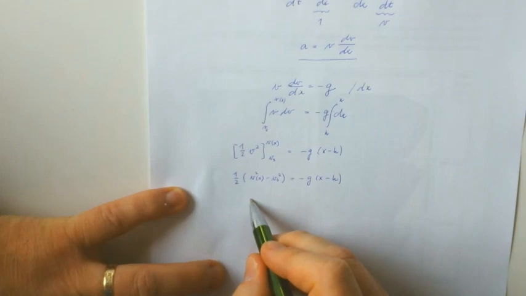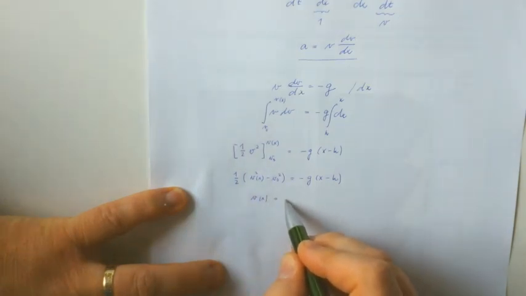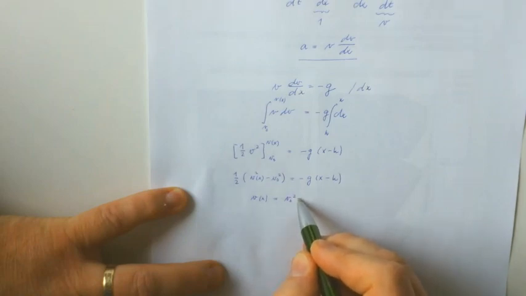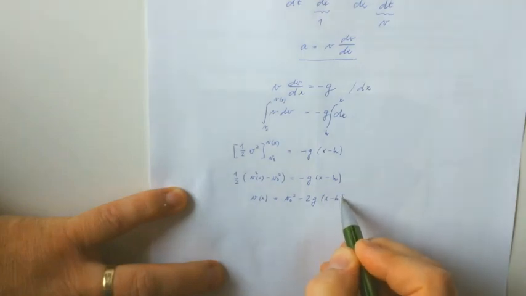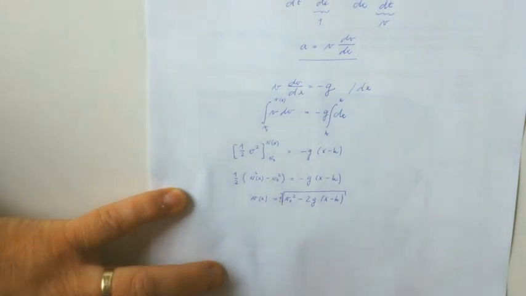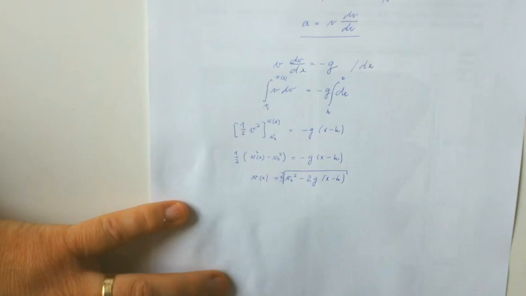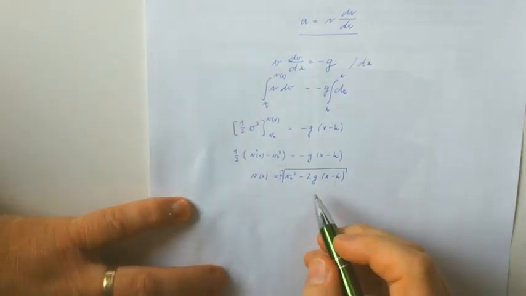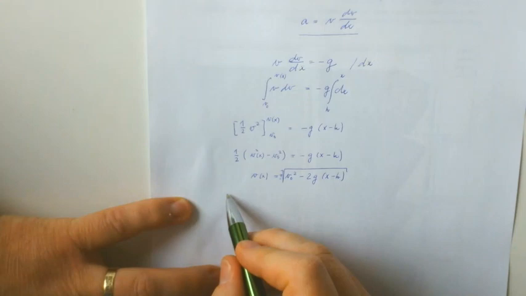After calculation of vx, we can write that it is square root of v0 square minus 2g times x minus h, plus minus. So what is the velocity of drop down, of touching the ground?